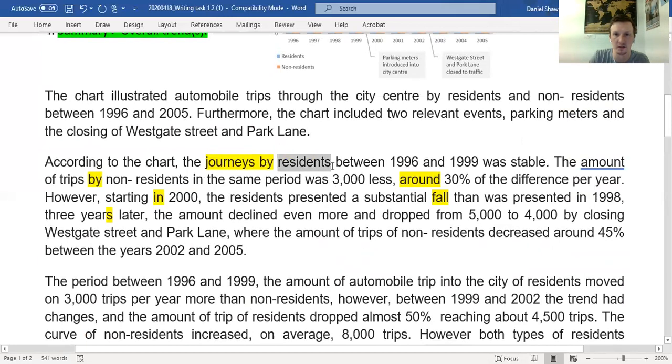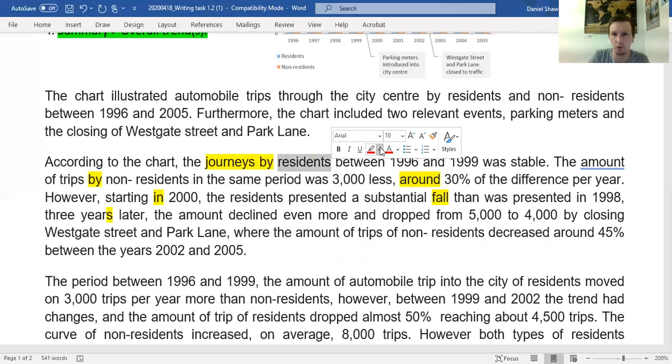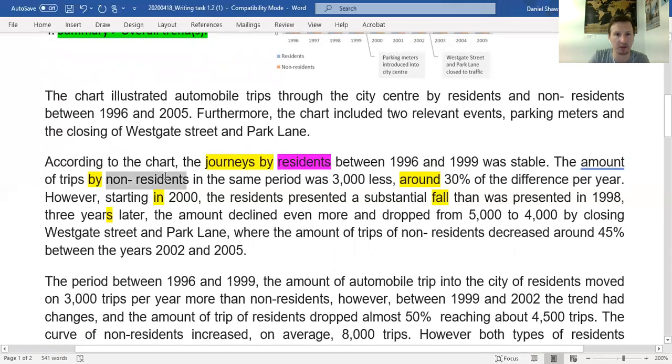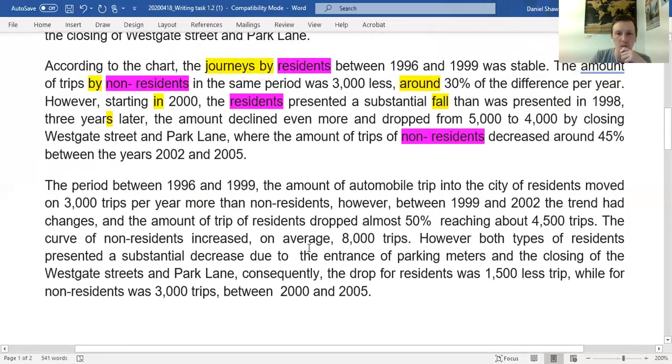You can see that, so I'll just highlight this in purple for you: residents, non-residents, and again here, residents, and again we can go to non-residents. So we have a good equal share there of the trends of residents and non-residents that I mentioned twice in this paragraph. So what can we say to close up and to finish off?